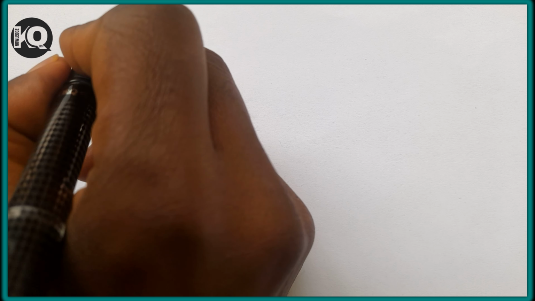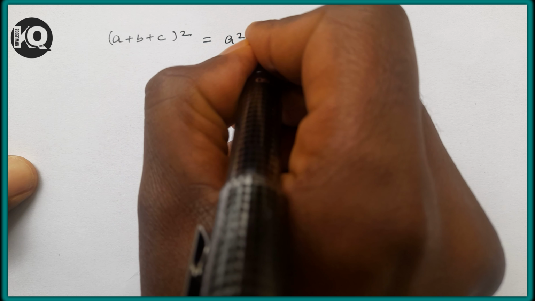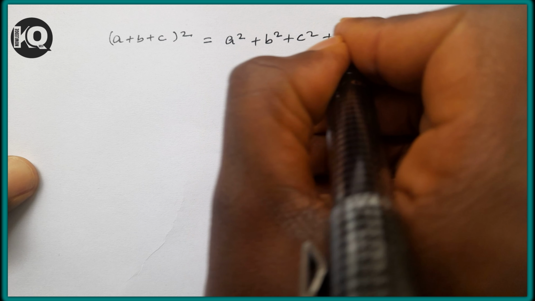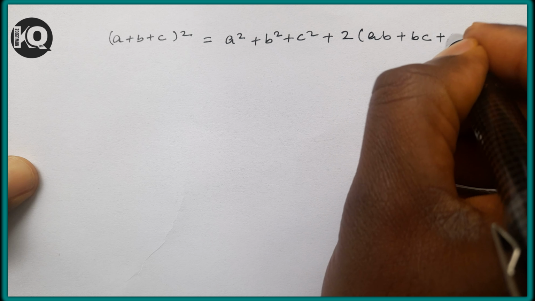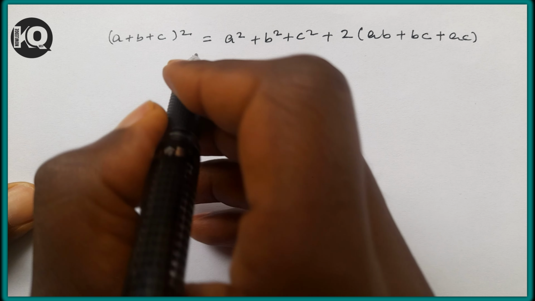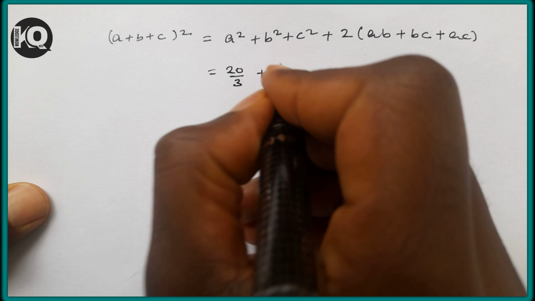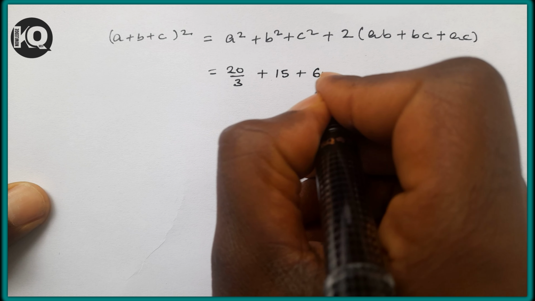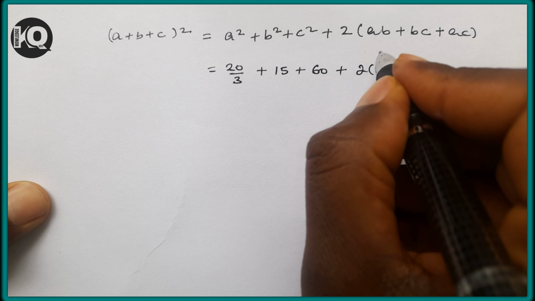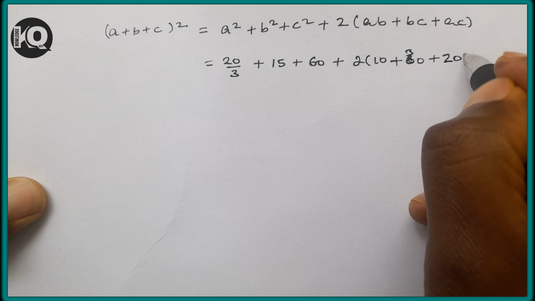Now from the algebraic expression we know that a plus b plus c the whole square is equivalent to a square plus b square plus c square plus 2 times ab plus bc plus ac. So we have a square, which is 20 divided by 3, plus b square, which is 15, plus c square, which is 60, plus 2 times ab, which is 10, plus bc, which is 30, plus ac, which is 20.